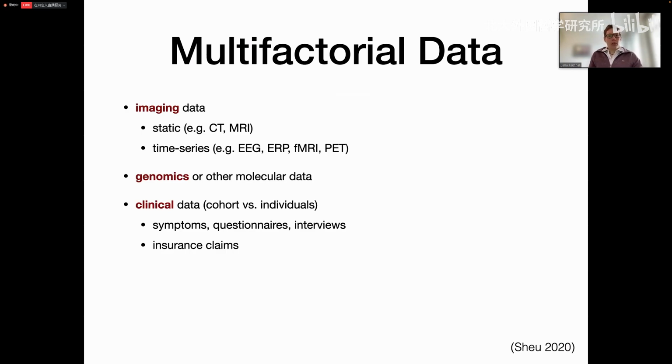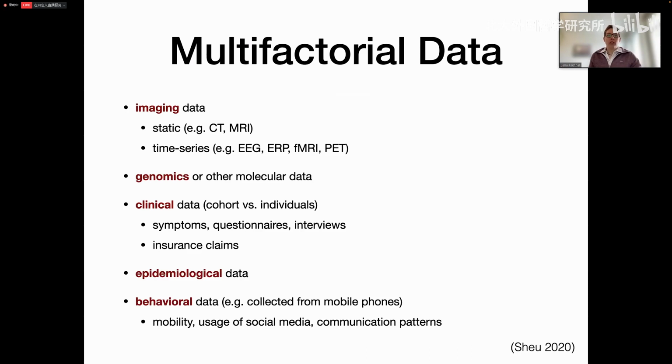Could be based on symptoms, questionnaires, interviews, or even insurance claims. So you can see that this is quite a different data set if you base it on insurance claims than it would be if you base it on imaging techniques, for instance. Then you could have epidemiological data or behavioral data, for instance, collected from mobile phones, such as mobility or usage of social media or communication patterns, or any of this.